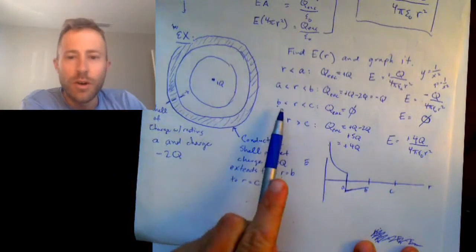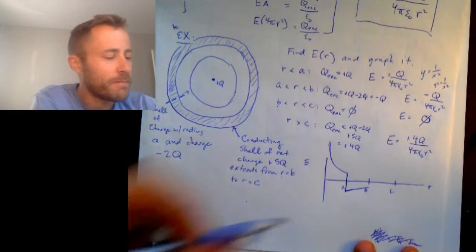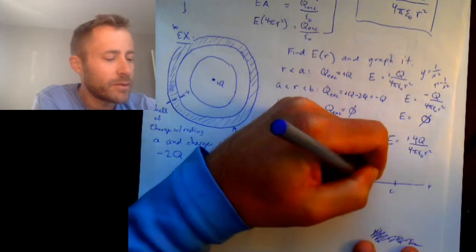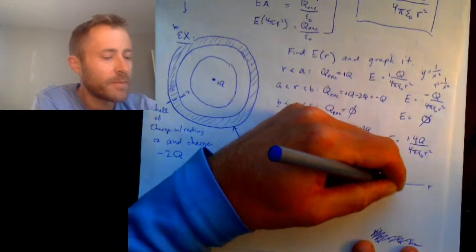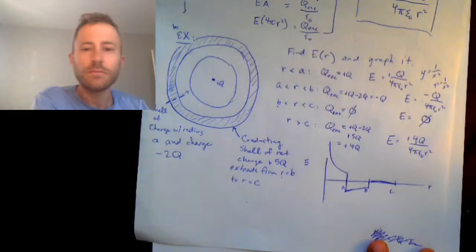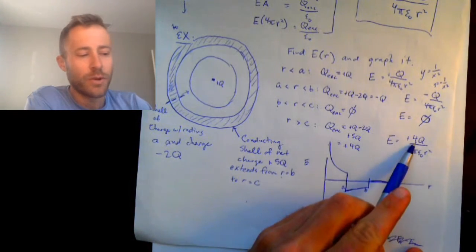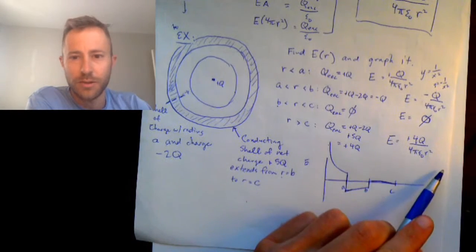And then when R is between B and C, the electric field is 0. So it's going to be 0 for a while. And then when R is greater than C, it's 4Q over 4 pi epsilon naught r squared.